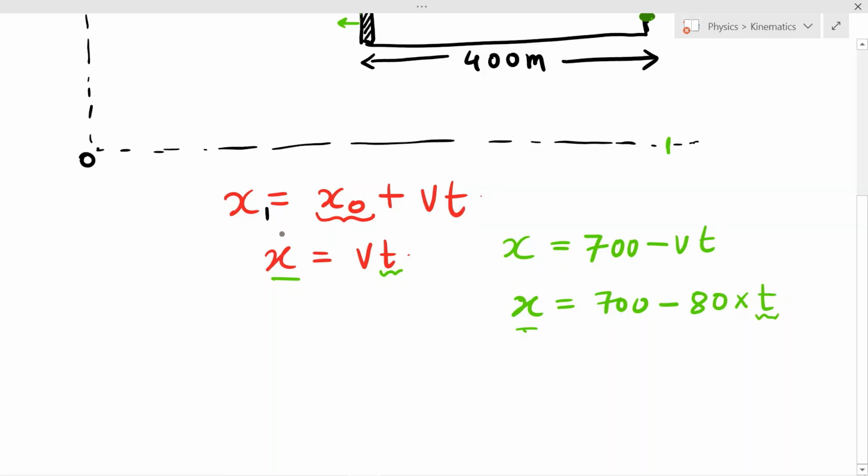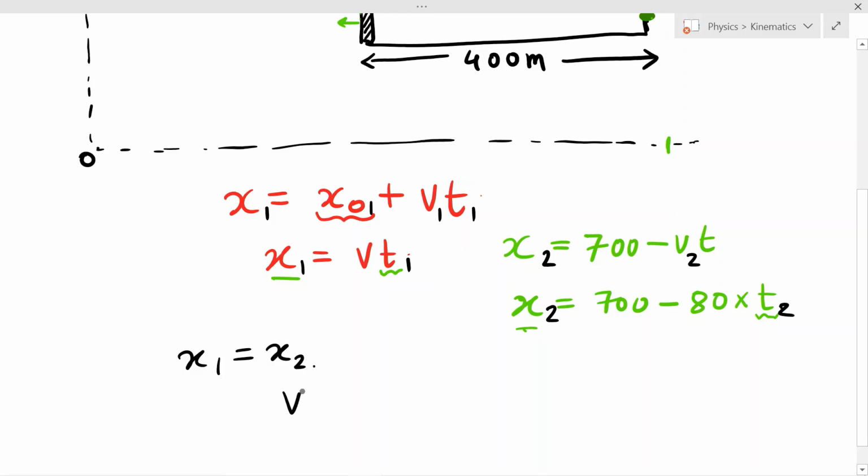Let's say x1 equals x01 plus v1 t1, and this will be x2 equals x02 plus v2 t2. So I have just changed the subscript. Now x1 should be equal to x2, because they need to meet.